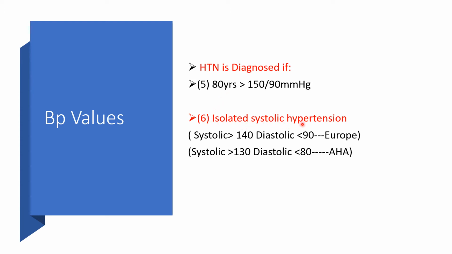But isolated systolic hypertension could be diagnosed if systolic blood pressure is greater than 140 and diastolic less than 90 in Europe, or in America, if systolic is greater than 130 and diastolic is less than 80, then you diagnose isolated systolic hypertension. This is very common among the elderly. You understand a bit. We'll get there why it is so.